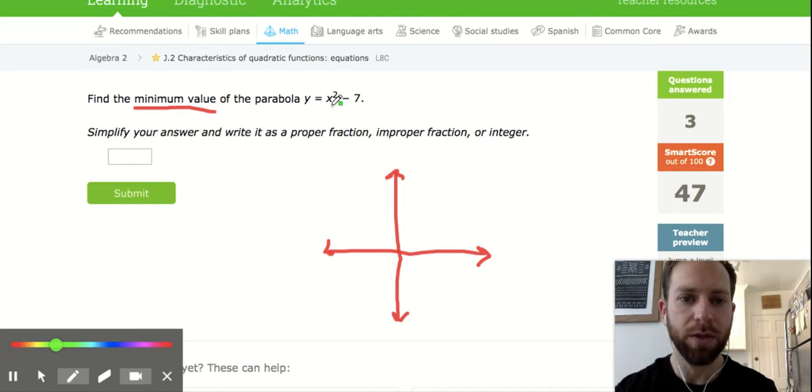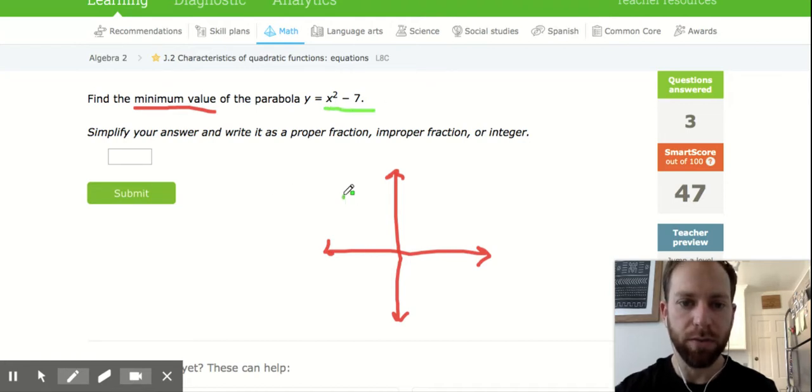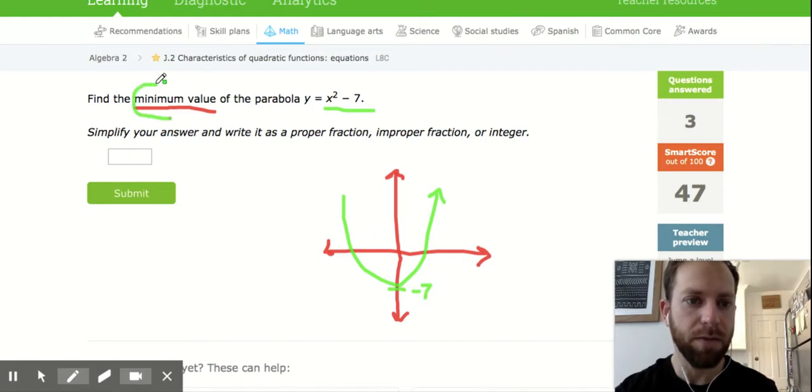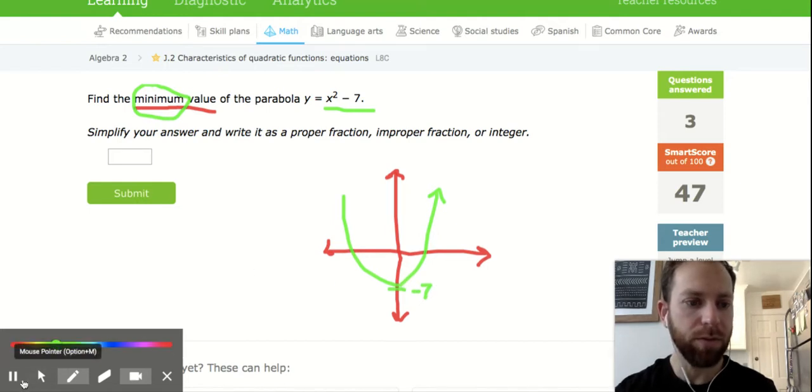So what this would look like would be going like this. These should be even, but this point down here would be negative 7. So it's asking us what's the minimum value of this? Well, the minimum value, this is the lowest point. The lowest point is negative 7.